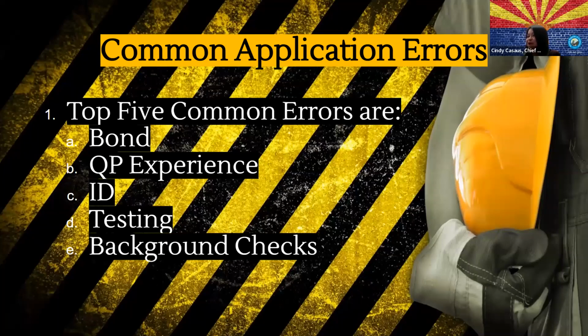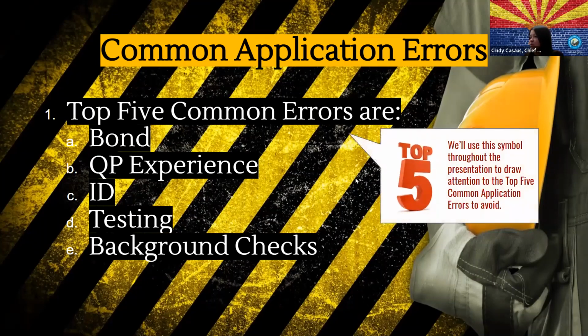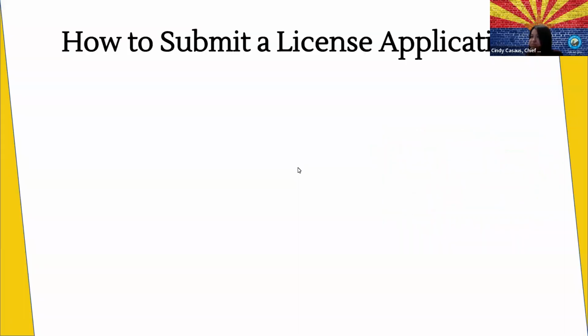And so those are bond, qualifying party or QP experience, identification, testing, and background checks. So as we discuss these in more detail, you'll see this top 5 symbol that helps highlight those items.